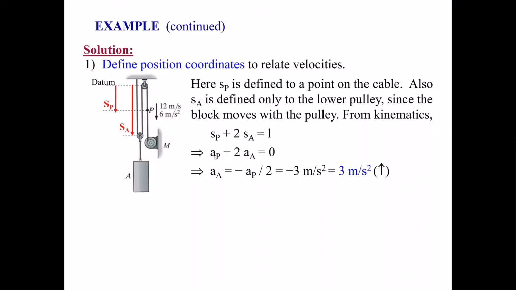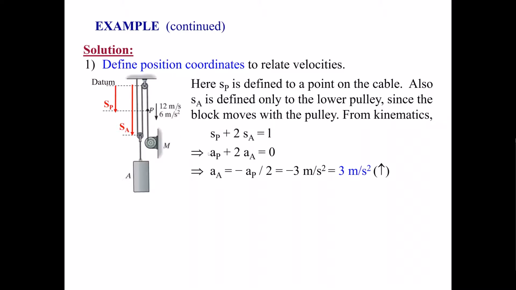Because we want to come up with the acceleration, as that's part of our equation, we need to find the acceleration of point A relative to point P. Okay, so it's SP plus 2SA equals L. And in terms of acceleration, the acceleration of point P is related to the negative of the other one because it's going in the other direction. A is going up and P is going down.